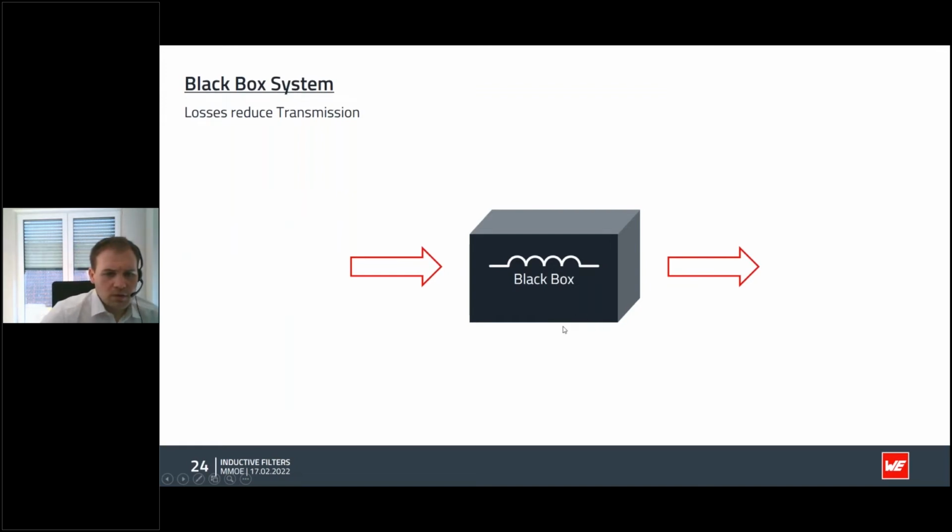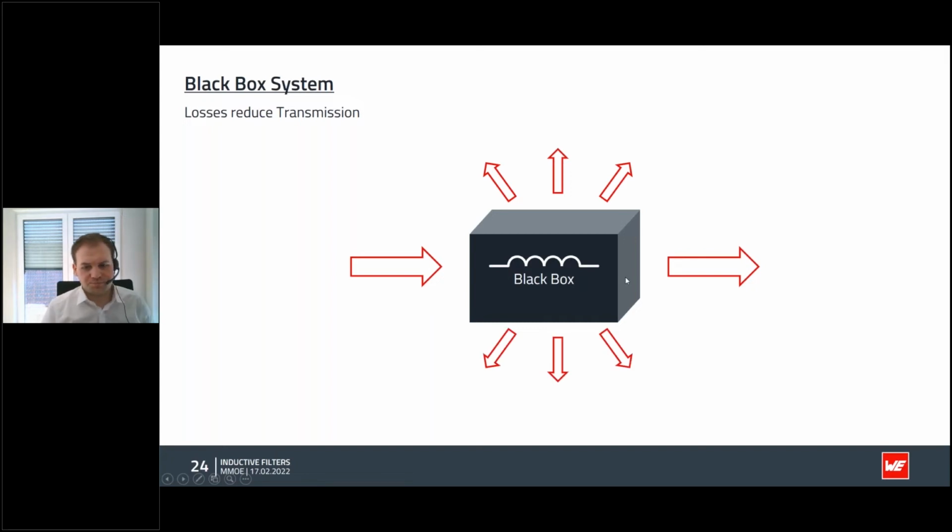Okay, so this black box is not just transmitting energy from point A to point B, but there's also some absorption of energy, which is then given to the air around the SMD ferrite, but is also given to the PCB below the ferrite.